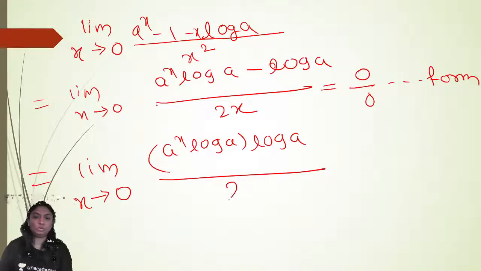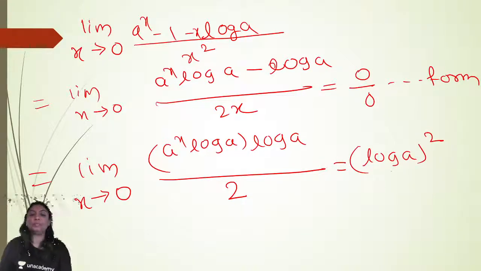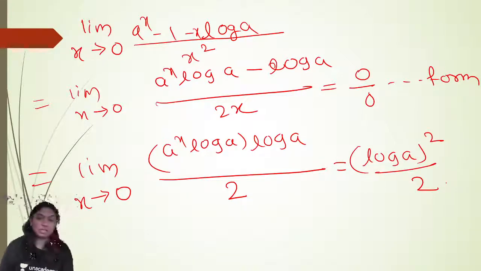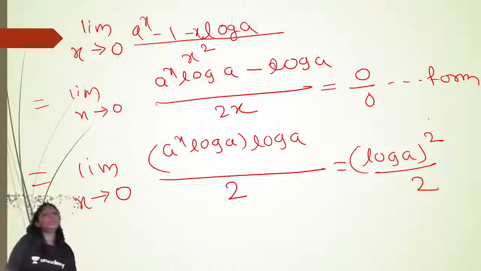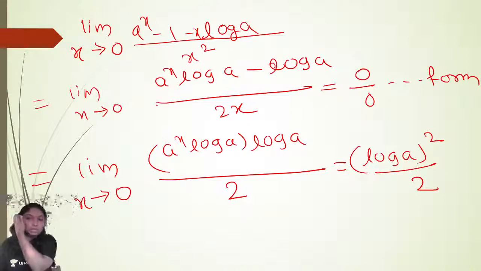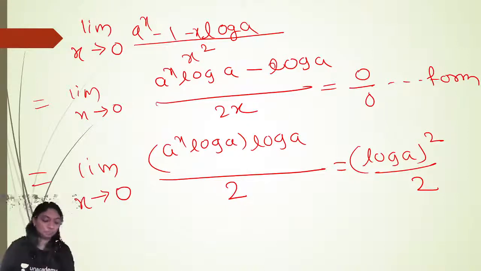Now put limit as x tends to 0. So you will get a raised to 0, 1, log a into log a. So log a square upon 2. Right? This is your final answer: (log a) square upon 2.